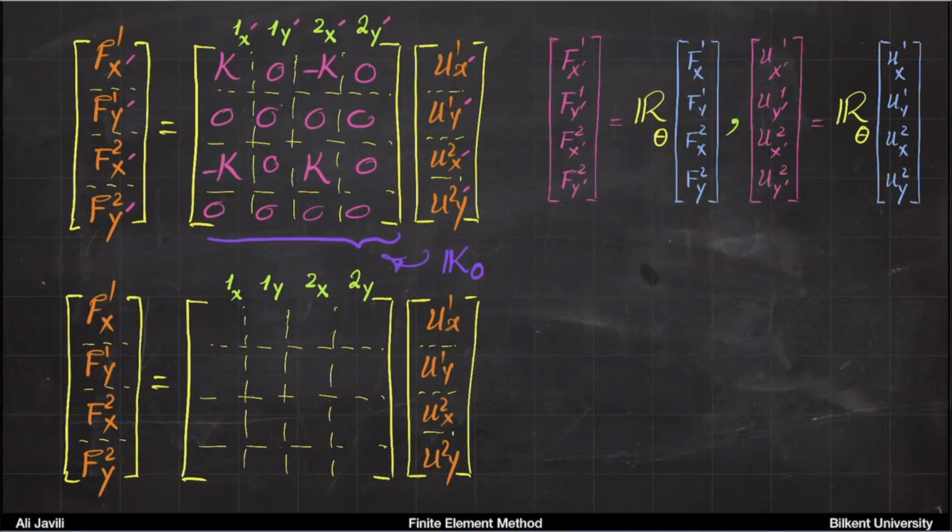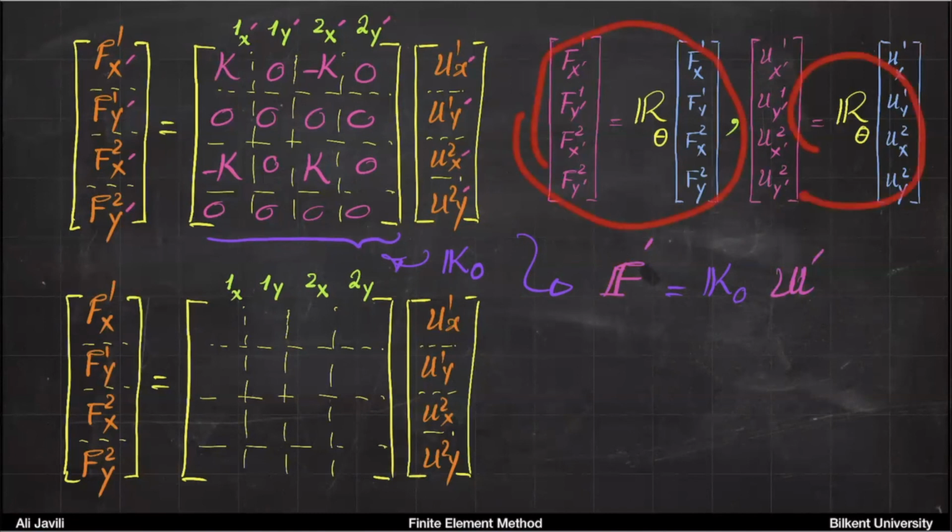If you look at this system, it's something like F prime equals K0 times U prime. Okay, and then again, according to our strategy, I'm going to use the same color. So now the next thing you want to do is to just use the information you have here.